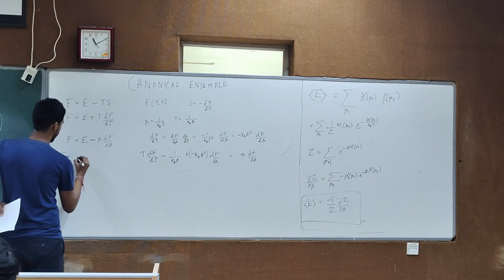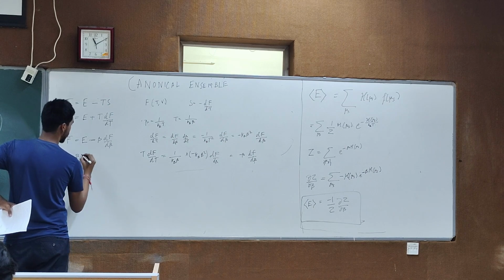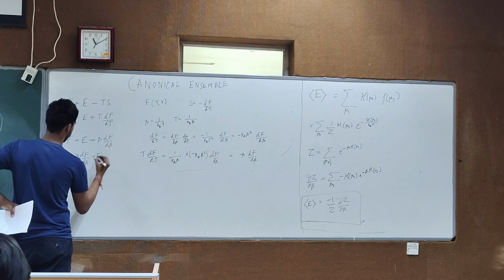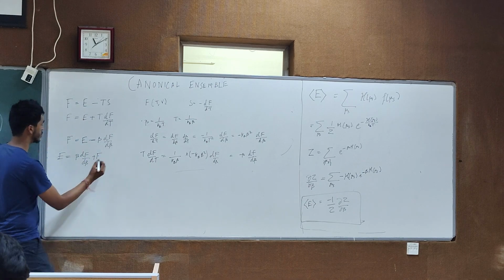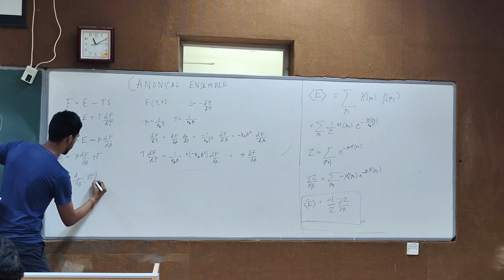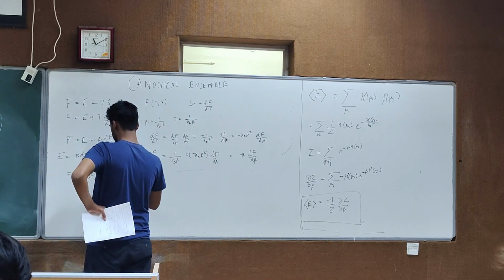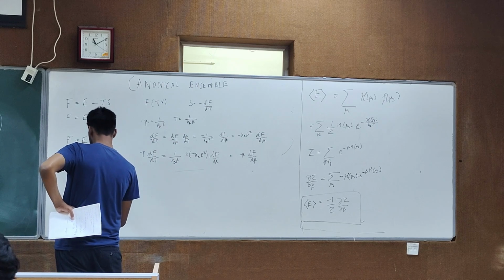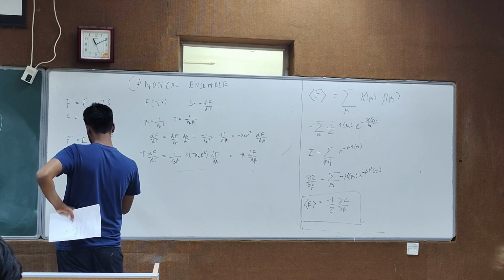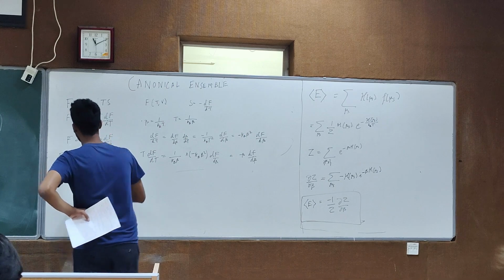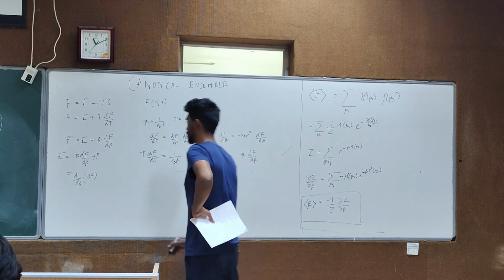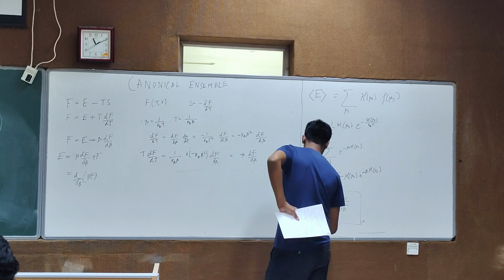So E comes out to be beta dF d beta plus F, and I can write this as a total derivative d beta of beta F. And what we got here was E, I should write this as average H of the system. Now we're just considering the system.